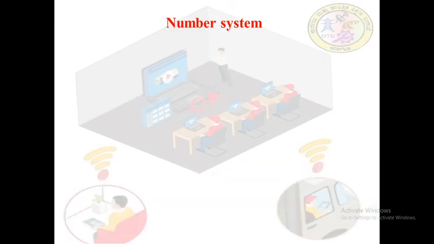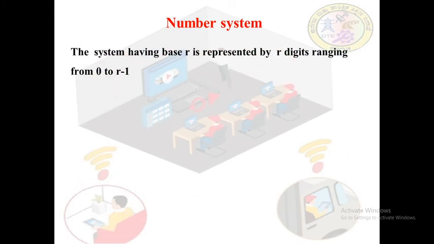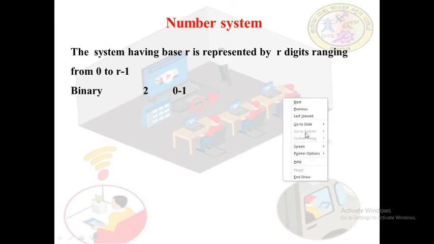Number system. Number system is very much essential in order to understand the digital electronics. The number system is defined as a system having base R and represented by R digits ranging from 0 to R minus 1. We have different types of number system, that is binary number system having base 2 and the digits ranging from 0 to 1.